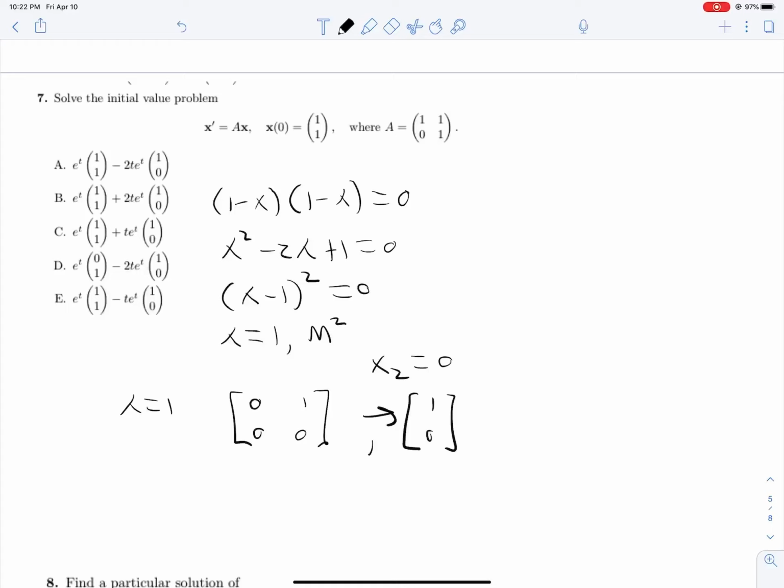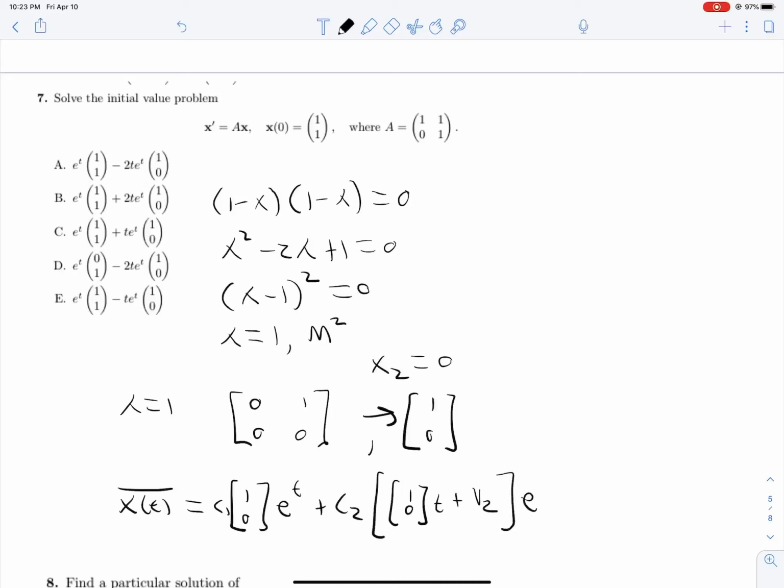We will have x of t is equal to c1 times 1, 0 e to the t plus c2, and then we're going to have two vectors in here. We'll have 1, 0, our v1, times t plus v2, our generalized eigenvector, all multiplied by e to the t.